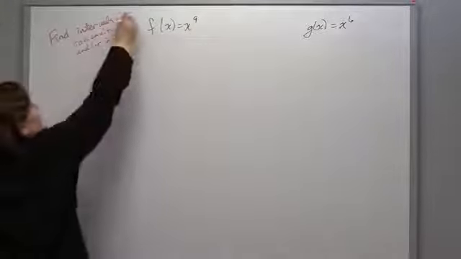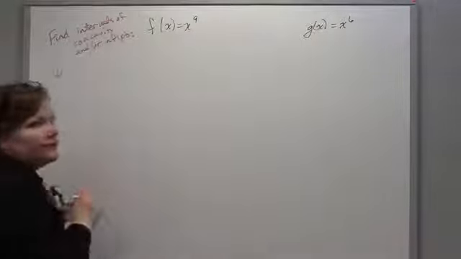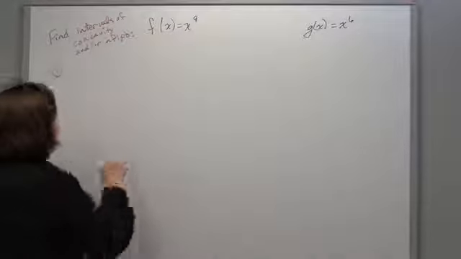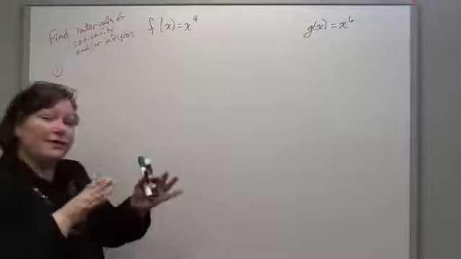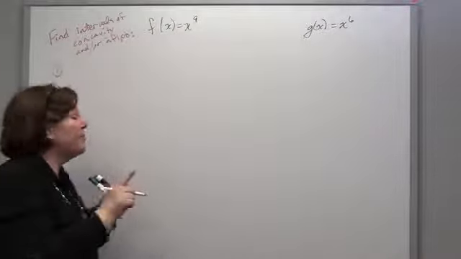In order to do that, it's a similar process to our local extrema, in the sense that we're doing similar algebra, but we're looking at f double prime instead of f prime.